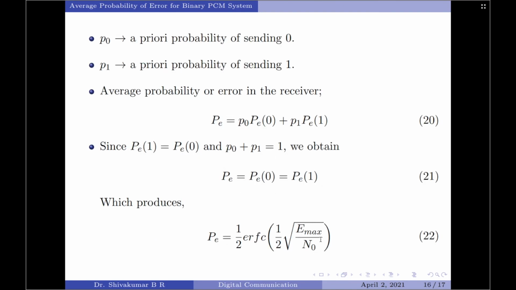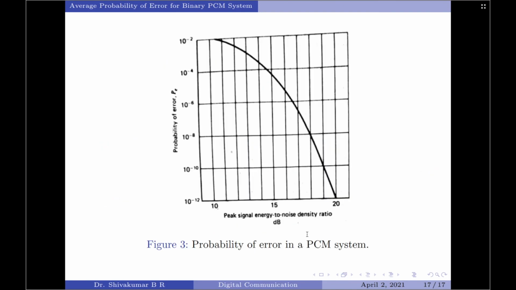Please note, this term peak signal to noise density ratio is on the x-axis and PE itself is on the y-axis. Let us assume that we require an average probability of error less than or equal to 10 to the power of minus 6. So clearly there is an error threshold below which the receiver performance may involve significant number of errors and above which the effect of channel noise is practically negligible.